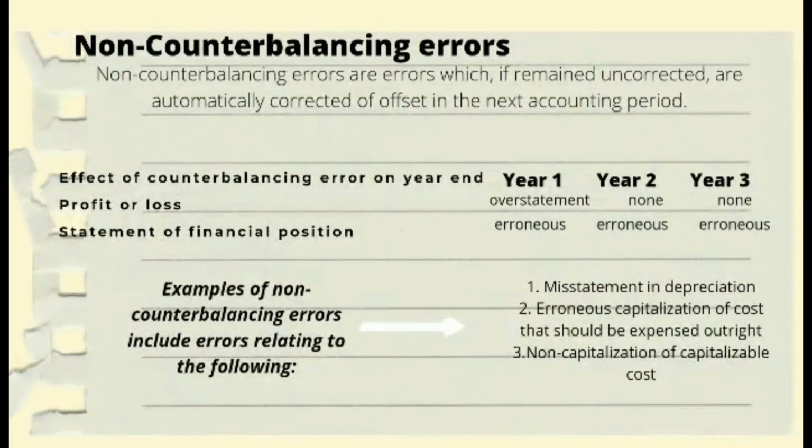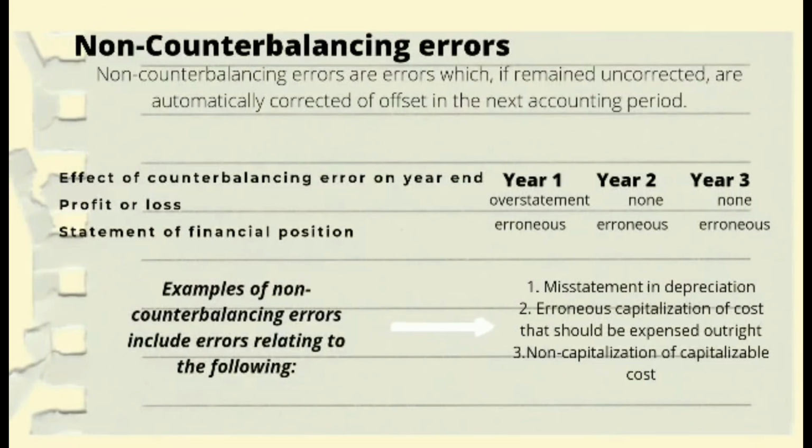For example, if a non-counterbalancing error results in profit or loss in year 1 to be overstated, the year 2 and year 3 would be unaffected. However, in the statement of financial position, year 1 to year 3 would be uncorrected or erroneous.